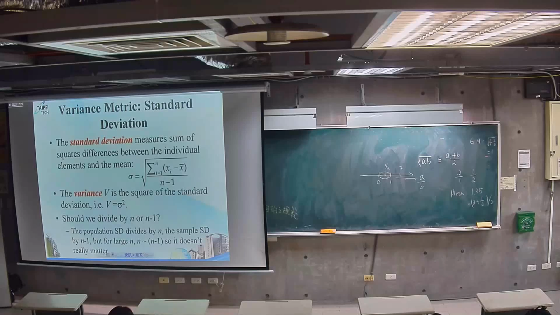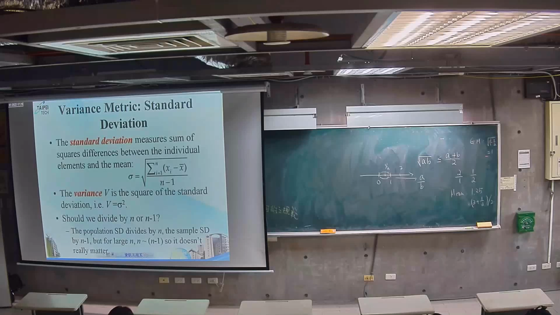So there are two things we can use to describe our data set. One is its center. The second is how the distribution looks. For that we can use the variance.